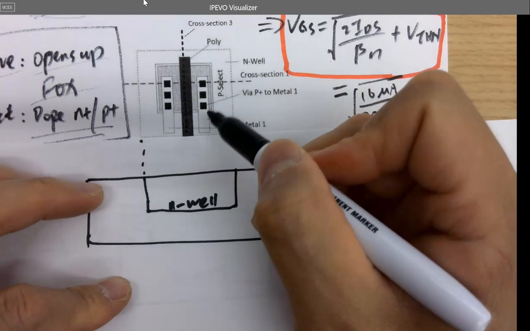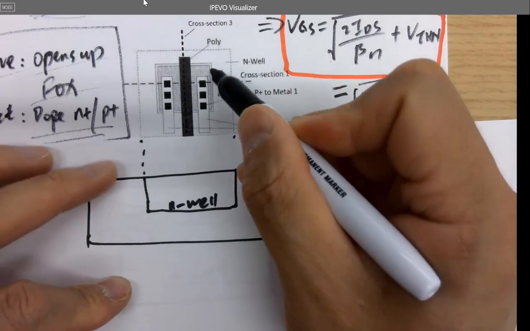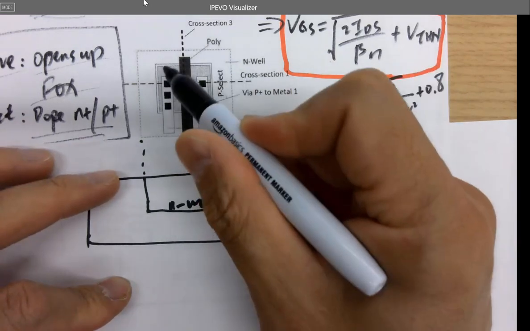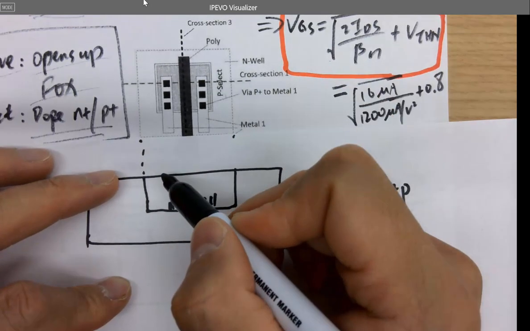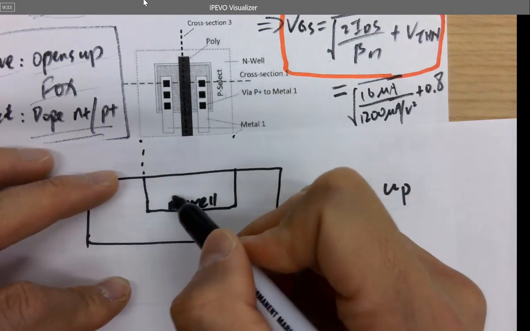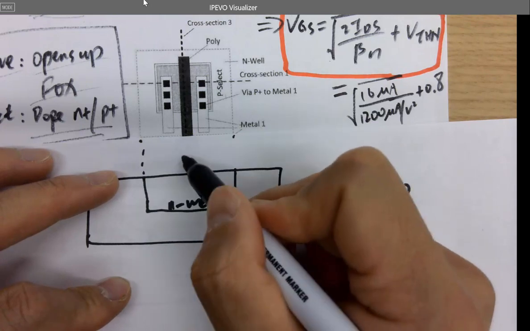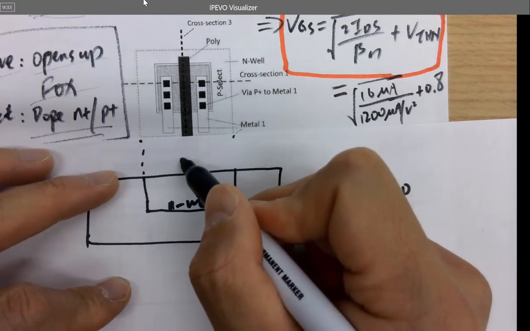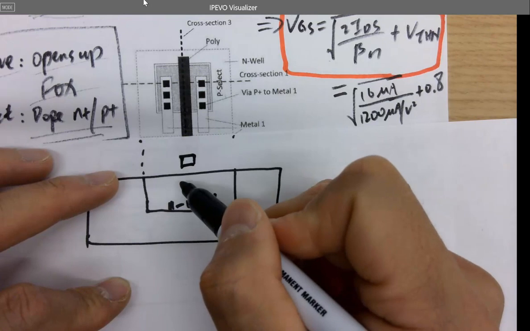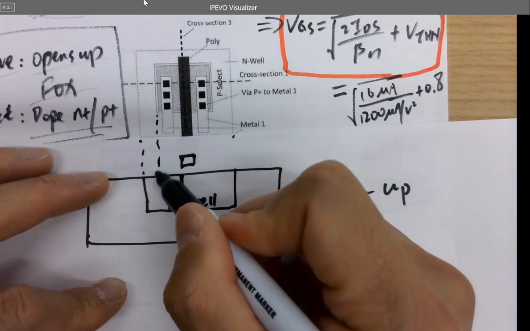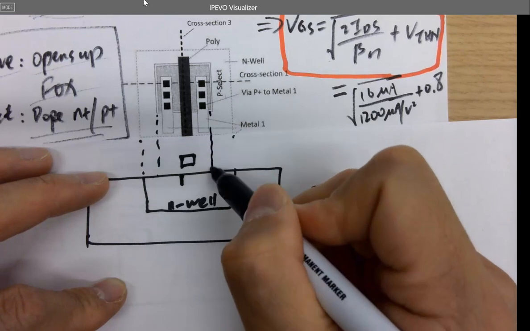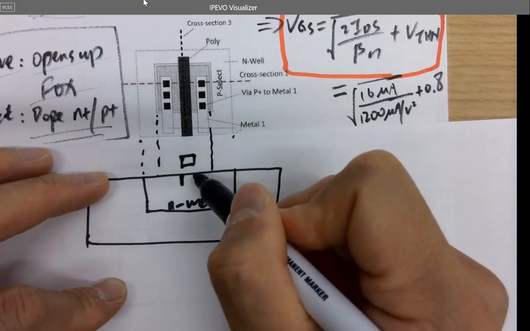Yes, you do. Because this active layer opens up the Fox, right? So you have the entire opening here. It's not doping underneath the gate. Okay, so you have a gate. But for the rest, starting from here, they are being doped.